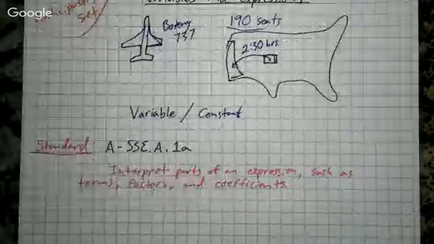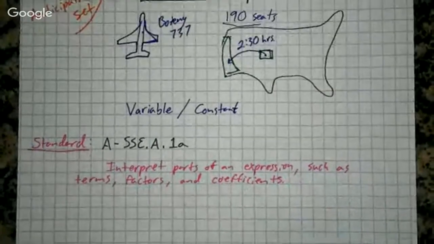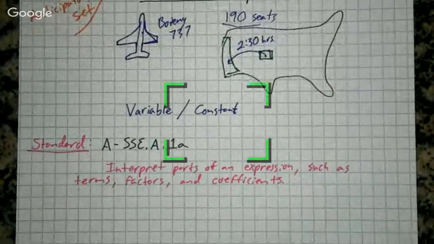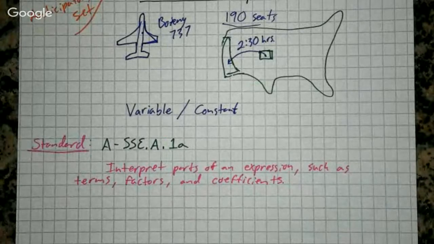Okay, so that is our standard for today. Let's see, is that going to be better? No. Okay, so we're interpreting parts of an expression such as terms, factors, and coefficients. Types of different expressions. So that's our standard. Go ahead and have that written down.